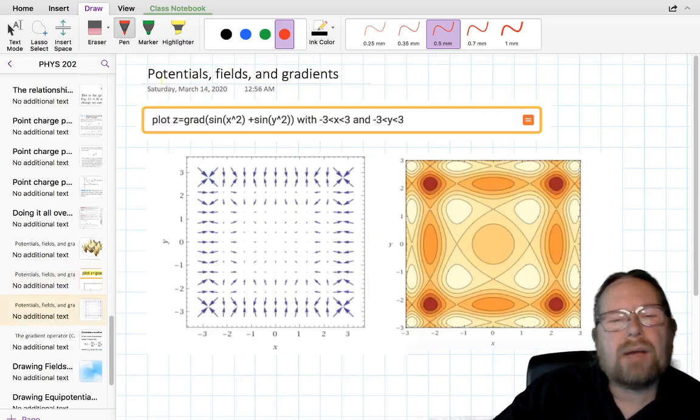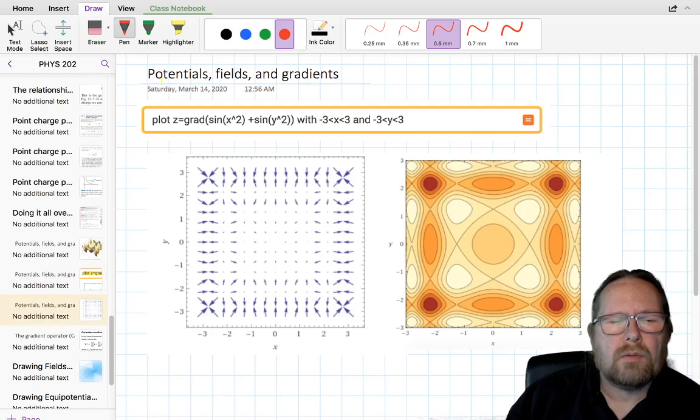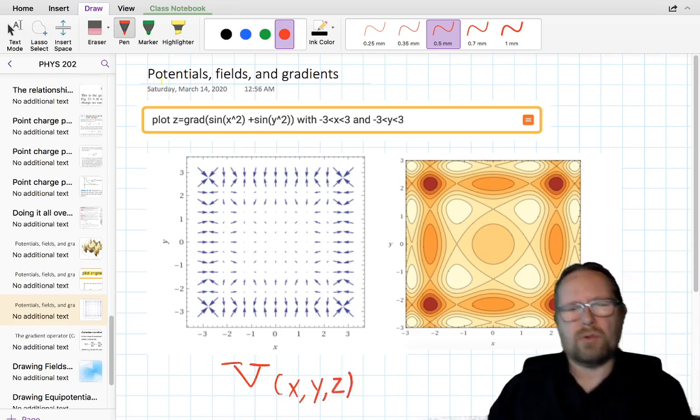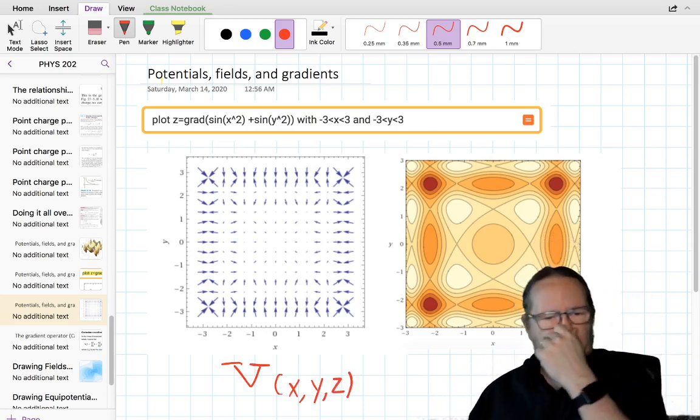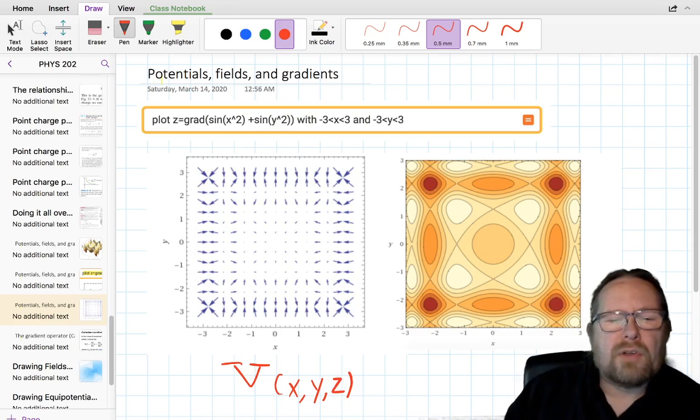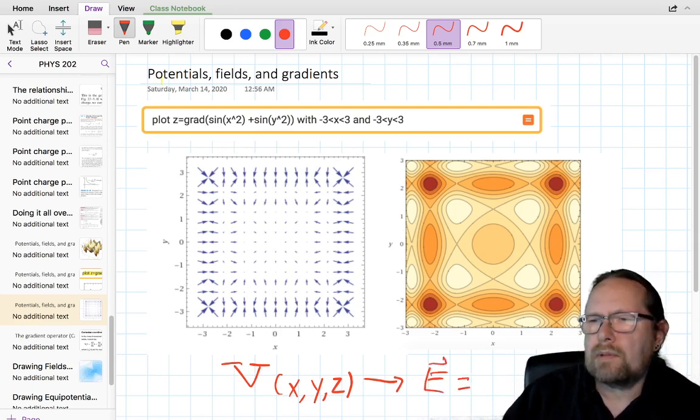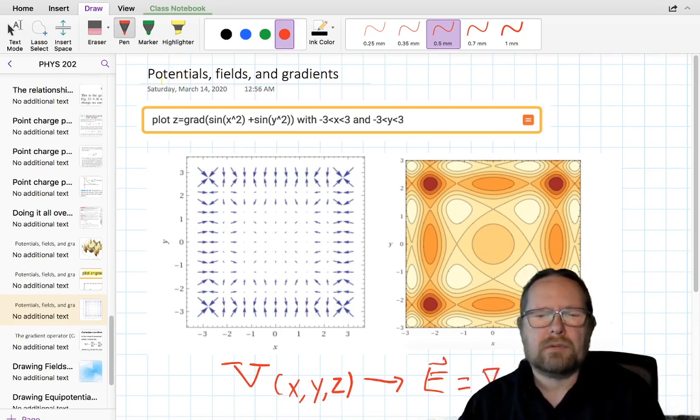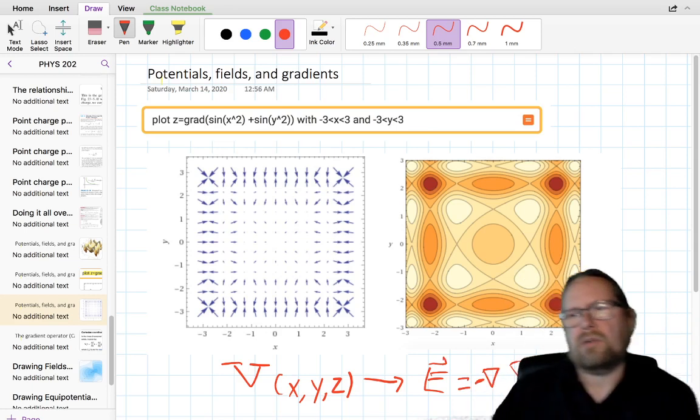If we think about a potential function in space, there's some electrical potential in space due to some charge distribution. We already saw that the relation between the potential and the field is that the electric field is equal to the gradient of the potential function, actually the negative gradient of the potential function.